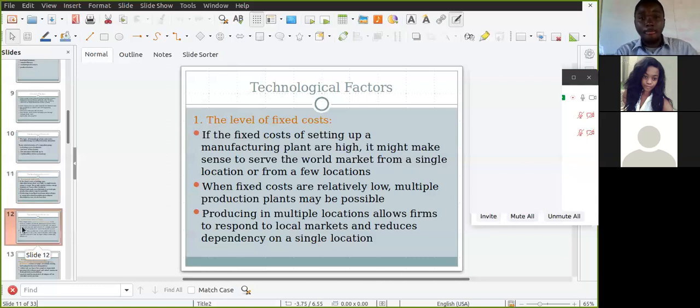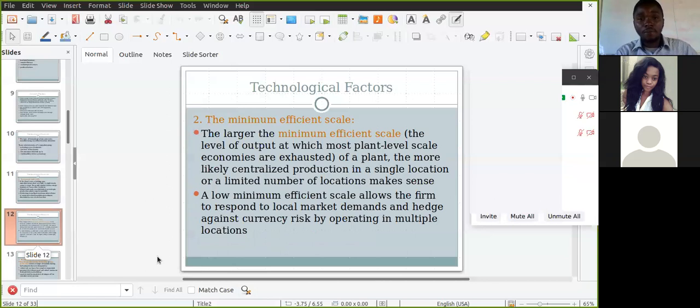Slide number 12. The minimum efficient scale. The minimum efficient scale is the level of output at which most plant-level scale economies are exhausted. So the larger the minimum efficient scale of a plant, the more likely centralized production in a single location or a limited number of locations is. Like I said, efficiency is using fewer resources or having a lower cost in producing a maximum output.